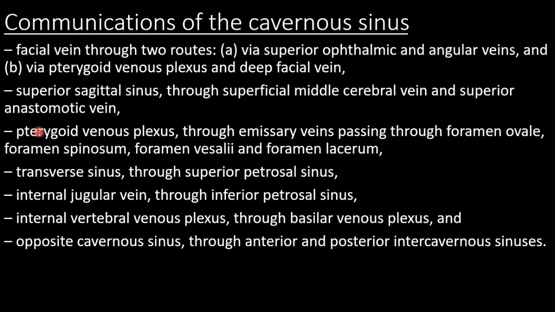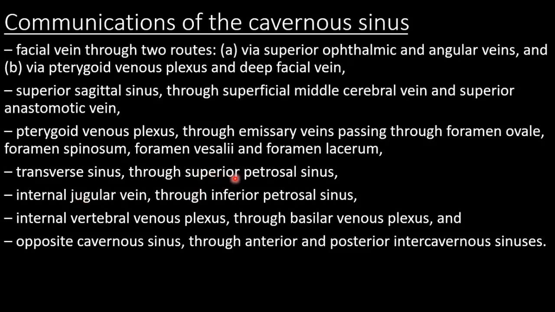Now, it can communicate with the pterygoid venous plexus through emissary veins passing through the following foramina: foramen ovale, spinosum, basale, and lacerum. Okay. Then it can also communicate with the transverse sinus through the superior petrosal sinus.